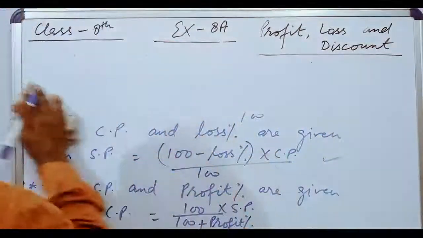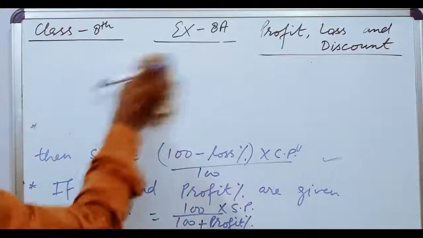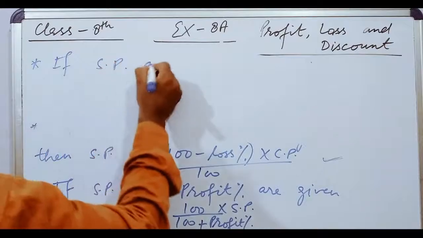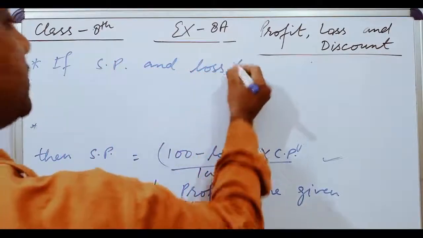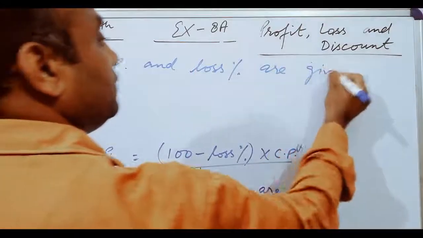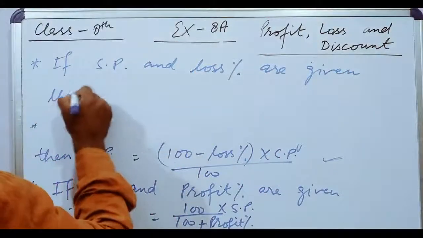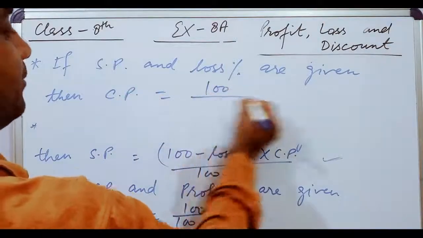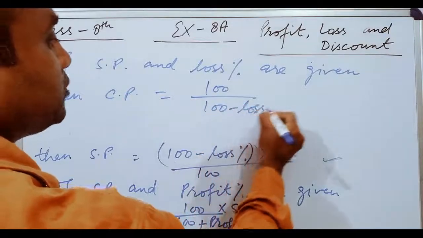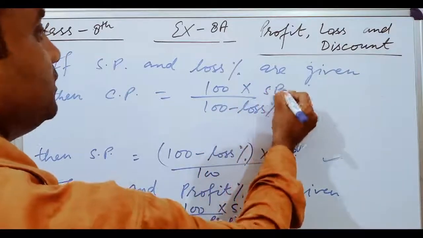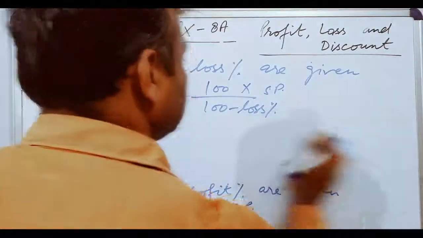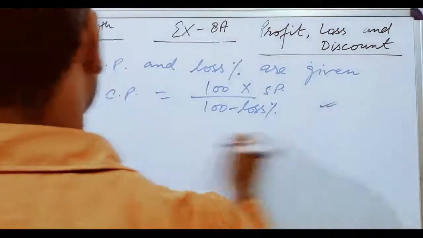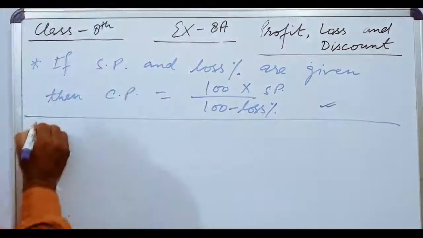If SP and loss percent are given, then CP equals 100 upon (100 minus loss percent) into SP. These are the formulas. Now we will go to question number 1.